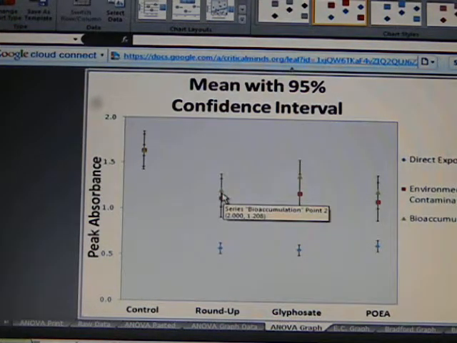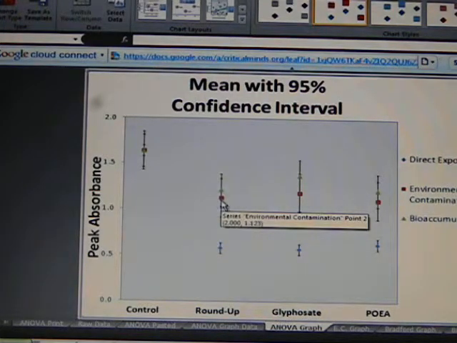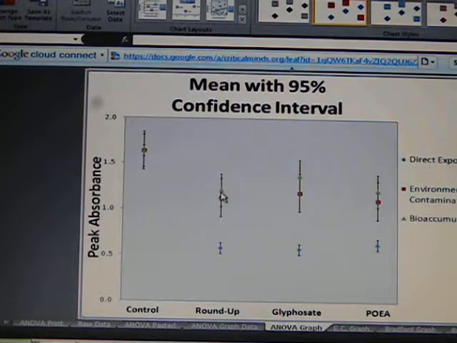the bioaccumulation and environmental contamination, the red square here, they're very close together, so they are probably not significantly different from one another. But the direct exposure for Roundup is far below that. There's a significant difference between Roundup, environmental contamination, and direct exposure.